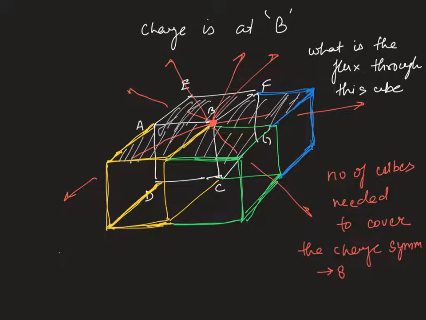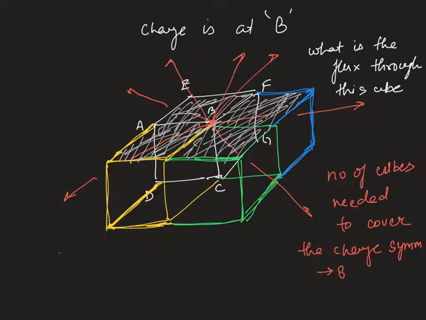So 50% of field lines will go below the surface, and the rest 50% of the field lines will go above the surface.